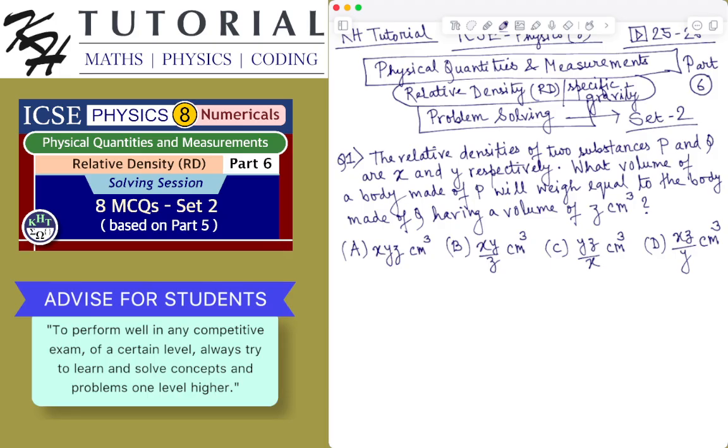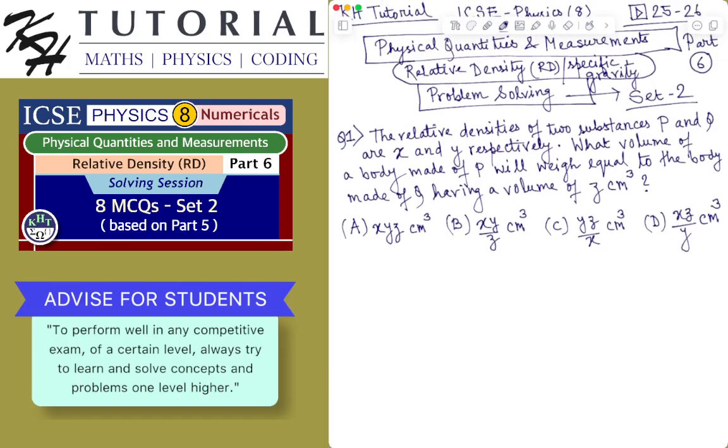So there are two substances P and Q. The relative density of P is given as X, and the relative density of the substance Q is given as Y. It is asking what volume of a body made of P will have a weight equal to the weight of a body made of Q, and that body made of Q has a volume of Z centimeter cube.